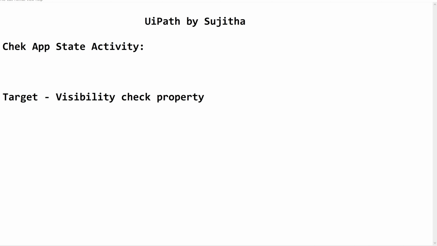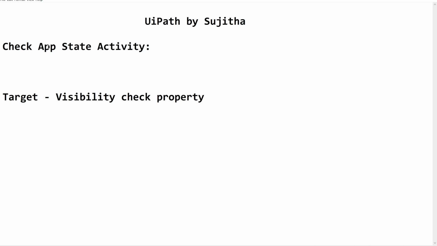So it will be checking the element on the application. If the element appears, the executor will execute a set of activities. If the element does not appear, then another set of activities, maybe some recovery kind of actions, are taken care of. For that purpose we will be using check app state activity.